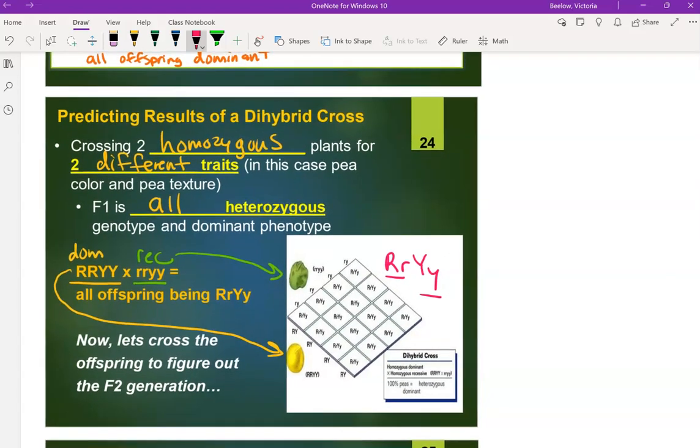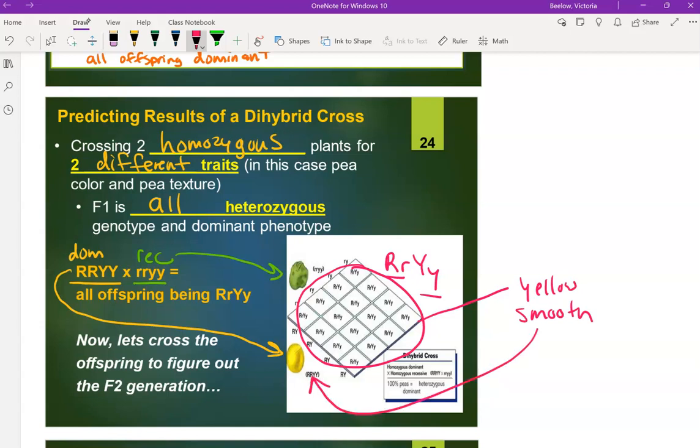So all of these offspring would be yellow and smooth. They would all look like this guy here, but they are all carrying the recessive allele because they are heterozygous.